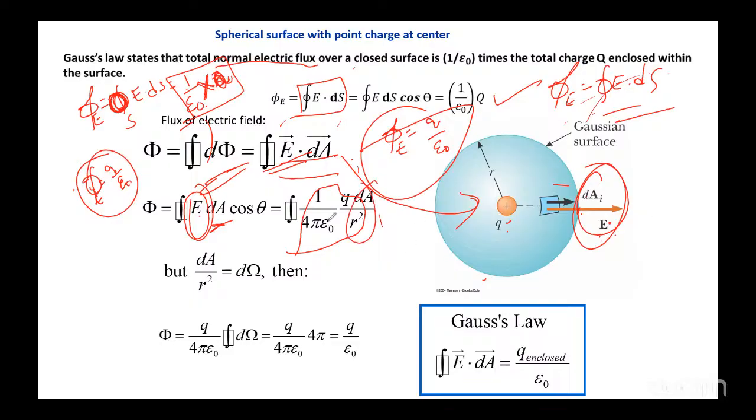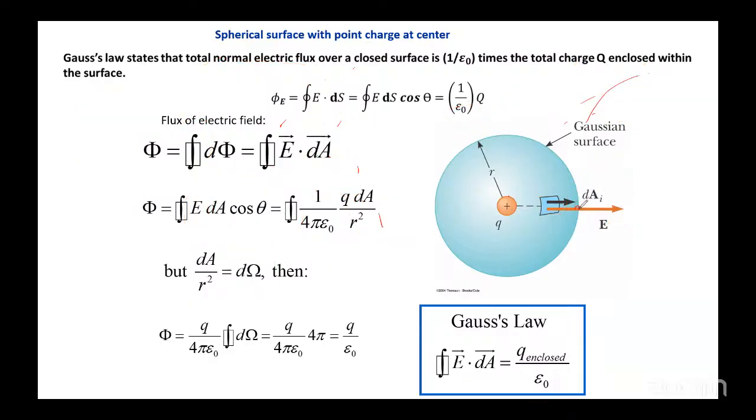But dA by R square is always nothing but d omega. d omega is the space occupied by this conic section. If you imagine this, this is the d omega value.